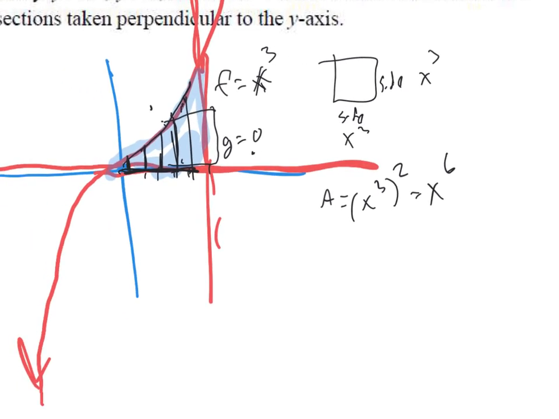Limits. This is just too easy. We know that it crosses the origin. That's 0. We know this is a vertical line 1. So that's going to be a 1. So volume will be from 0 to 1 of the area of those squares, which is x to the 6 dx.